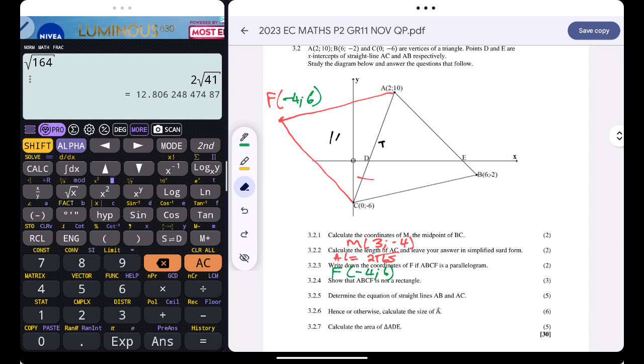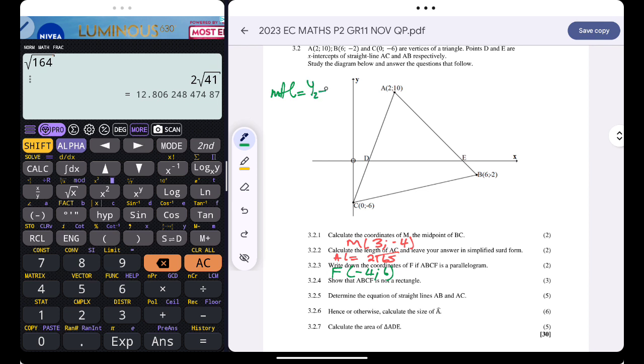Let me erase here as well. I don't think I'll need this anymore. For me to find the equation of a line, I need two things: a gradient and a point, right? So let me find the equation of AC. Before I find the equation of AC, I need to find the gradient of line AC.